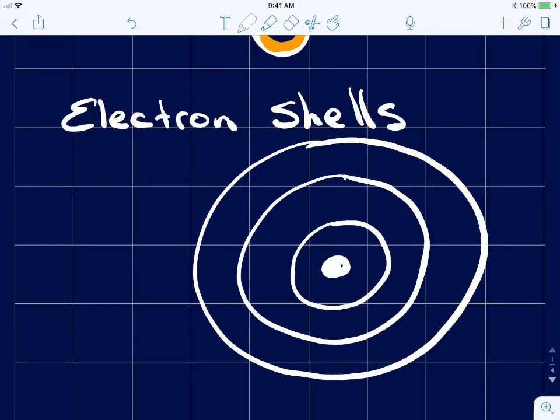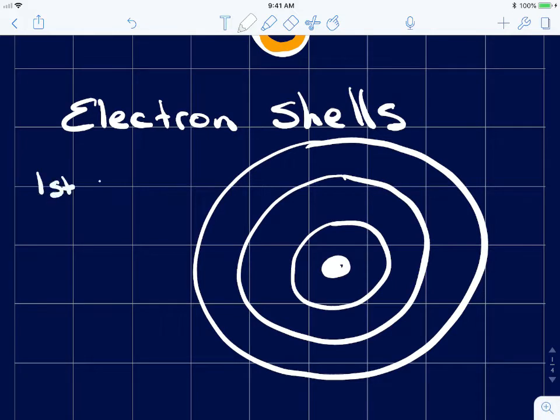The way to think about these shells is that electrons will fill in from the inside out, and they build outward to get bigger, which makes sense because the atom itself gets bigger. So here are some ways to understand and think about these electron shells.